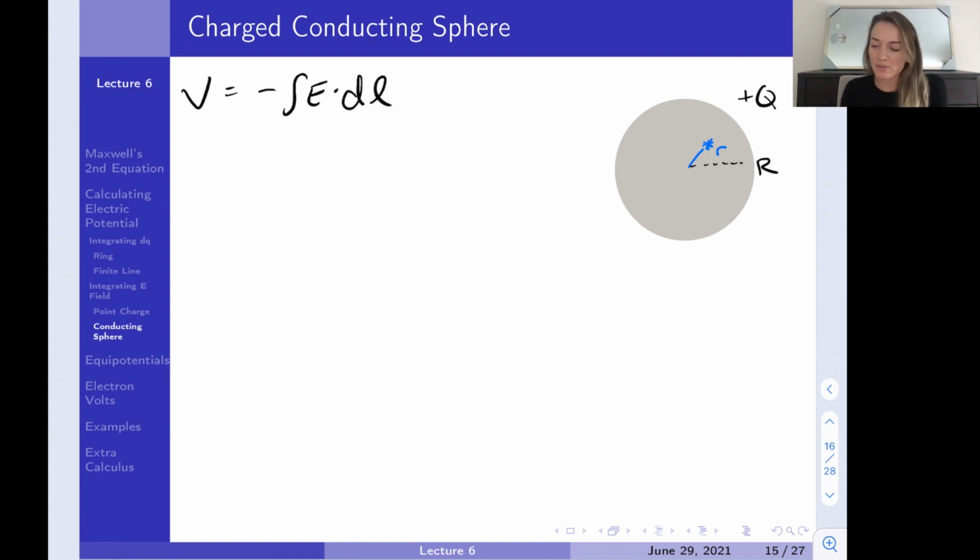And now this is where you have to be very careful. I always integrate starting at my reference point. My reference point was infinity. Now I'm integrating to a place inside my sphere, r. But what electric field do I plug in here? Because out here, the electric field was the 1 over 4 pi epsilon naught Q over r squared.